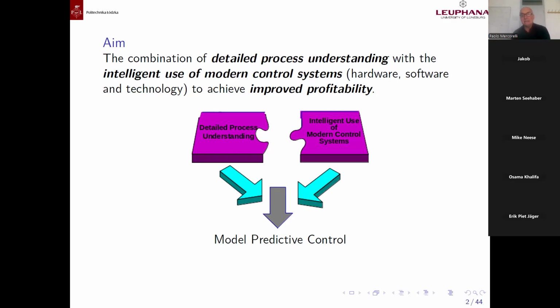Therefore, detailed process is expressed in a really wide meaning. Basically, we have to know everything, or in the best way possible, because the model is useful to predict, and to predict something in the future.